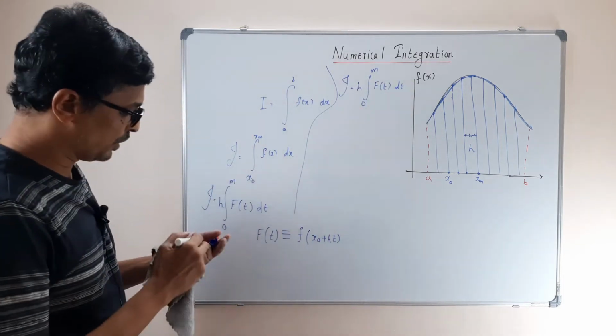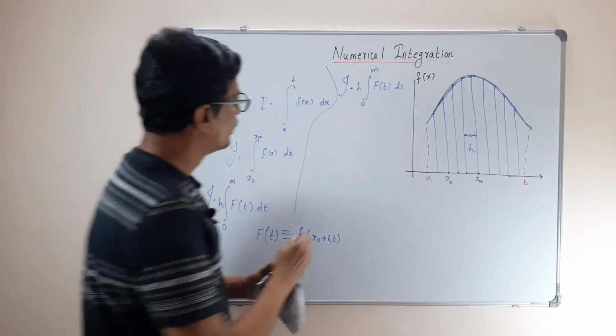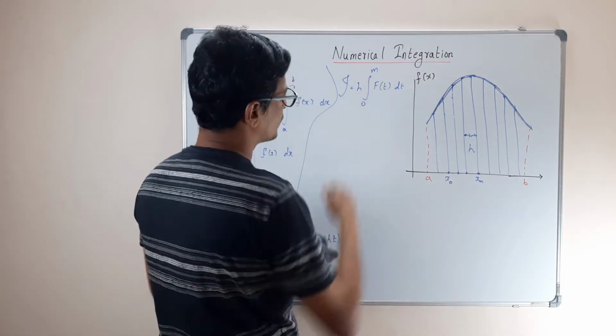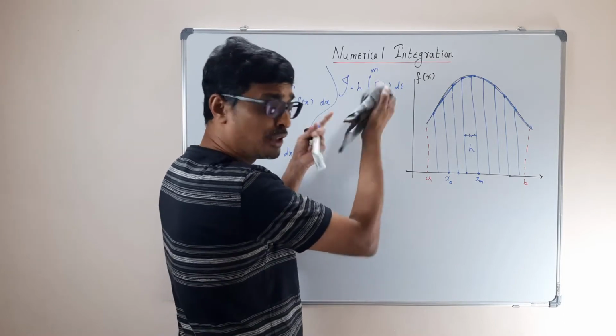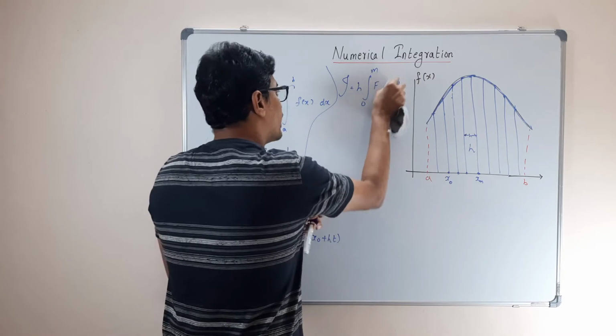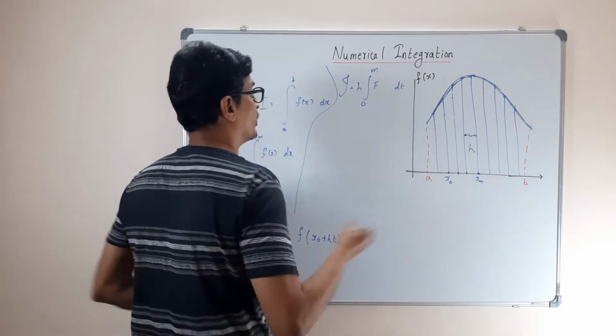Okay, so as I told you, now t is 0, 1, 2, 3 and so on. Instead of writing f of t, since I am going to discretize this t, I will write it as f with suffix t.